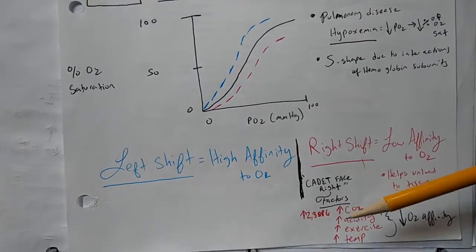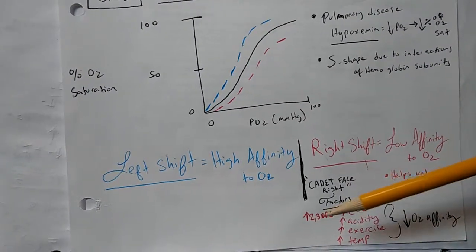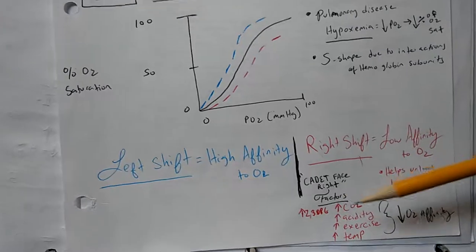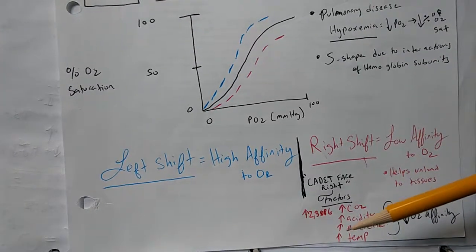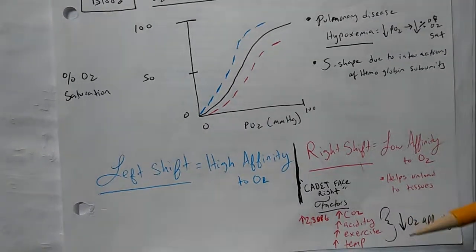So C, A, and then D is for 2,3-DPG. This is just an extra plus there. And then if we have an increase in exercise or an increase in temperature, we will release more oxygen than usual.